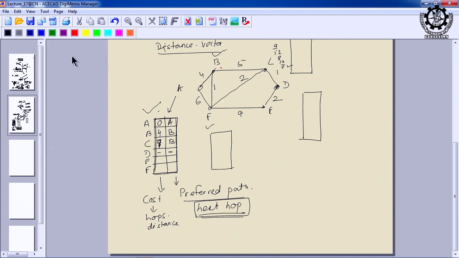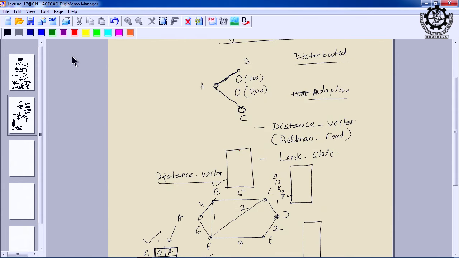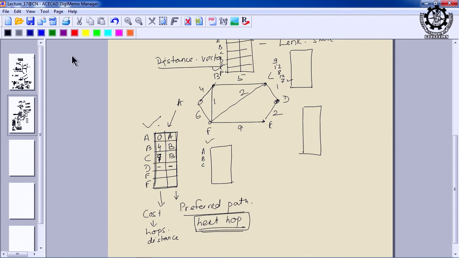B has its own table, F has its own table, and they have found the paths accordingly for A, B, C, D, E and F. Similarly, F has got the same A, B, C, D, E and F. Right? Now, A has its own table, B has its own, F has its own, and at a certain interval of delta t, the neighbors exchange the tables in between.